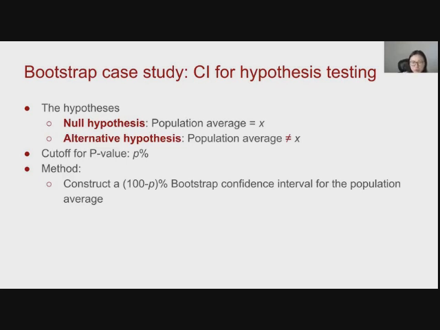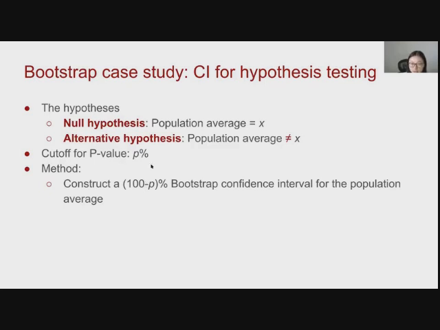So putting into practice, if p is 5, so let's just say you want to use the p-value cutoff point of 5%, that's equivalent to creating a 100 minus 5, which is a 95% bootstrap confidence interval. If p is 1, then you're doing a 99% bootstrap confidence interval.